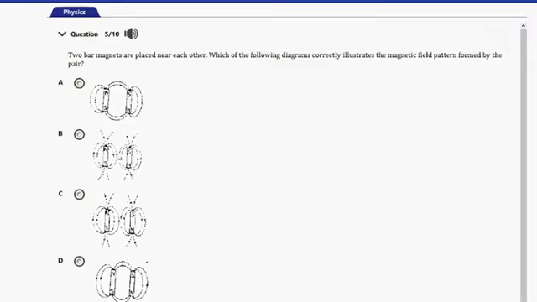You see the field pattern where you have the North Pole and South Pole here inverted against the South Pole and the North Pole. So guys, in this diagram in option D, you notice that at each point the North Pole is attracted to the South Pole. The direction of the magnetic field is always tending towards the South Pole at each point. So that's it here. Let's go ahead and consider the next question.